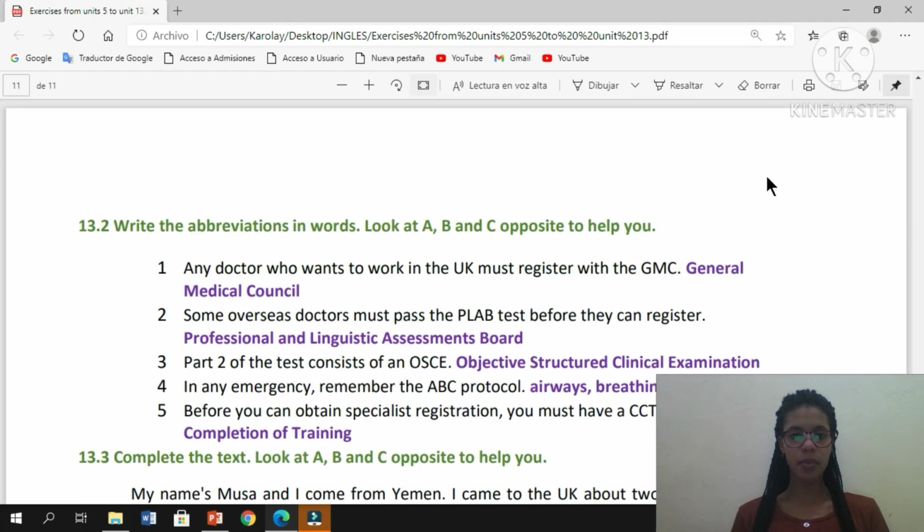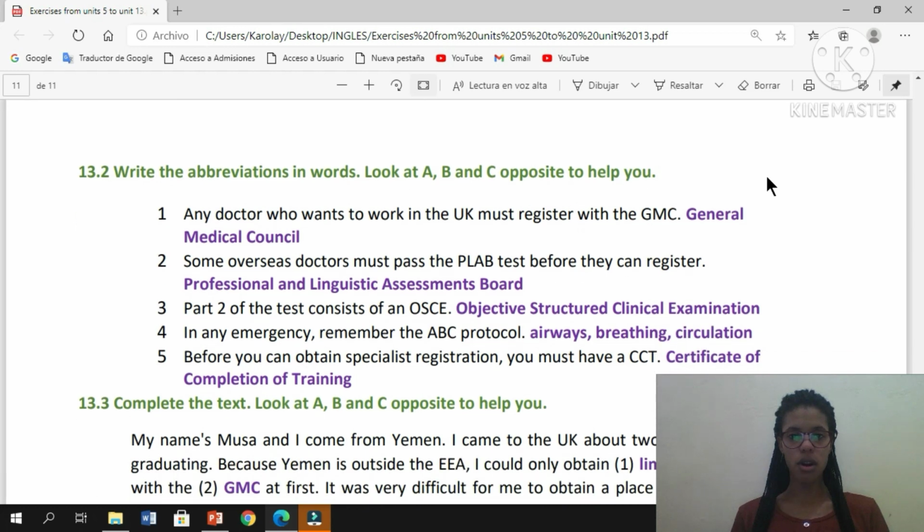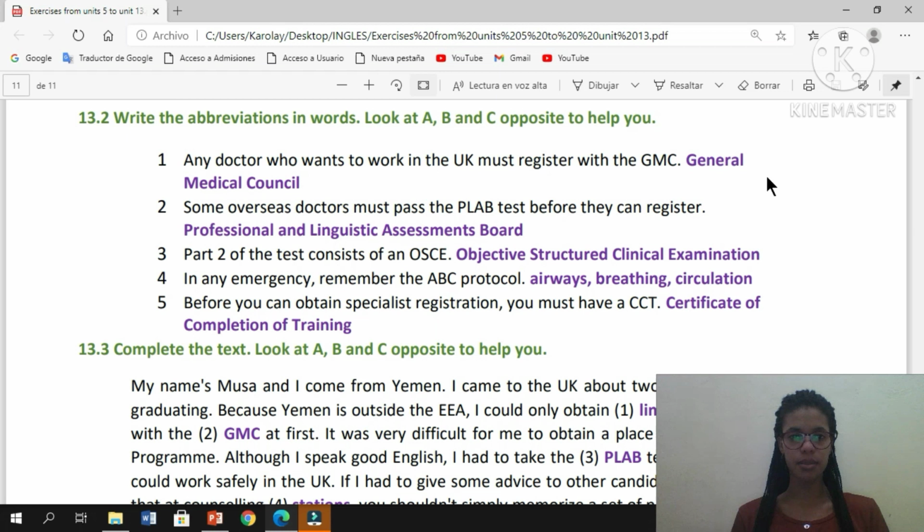Write the abbreviation in words. Look at A, B, and C opposite to help you. Any doctor who wants to work in the UK must register with the GMC. The answer is General Medical Council.